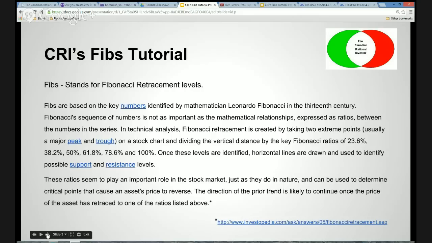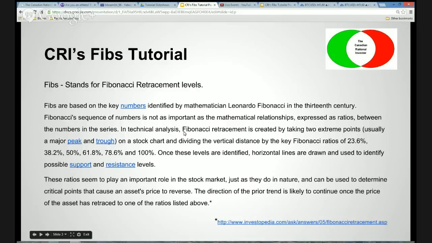All right, so some definitions. You often hear people talk about fibs, which stands for Fibonacci retracement levels. Fibs are based on the key numbers identified by mathematician Leonardo Fibonacci in the 13th century. The Fibonacci sequence of numbers is not as important as the mathematical relationships expressed as ratios between the numbers in the series.